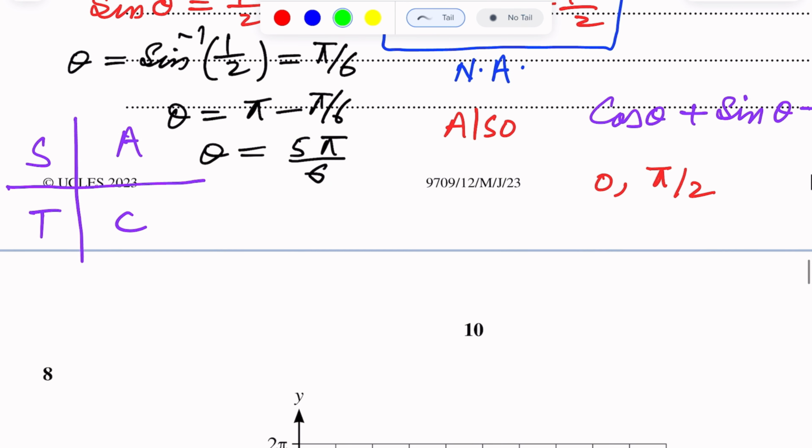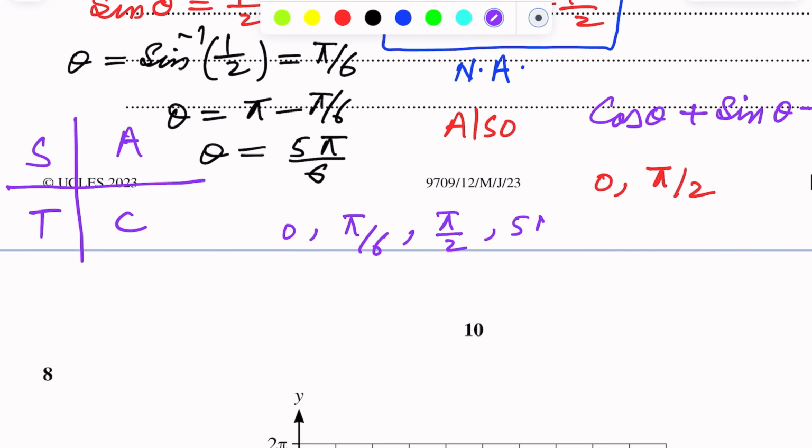So finally we write here the total solutions: 0, pi by 6, pi by 2, 5 pi by 6. These are the solutions.